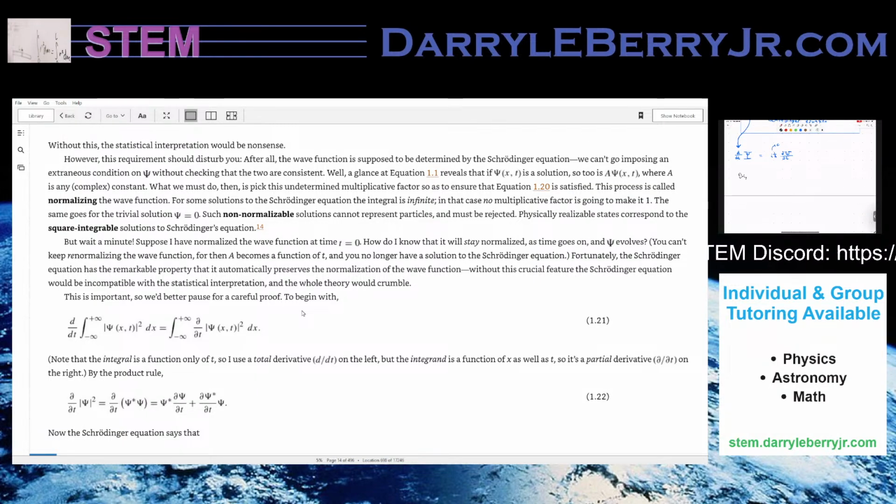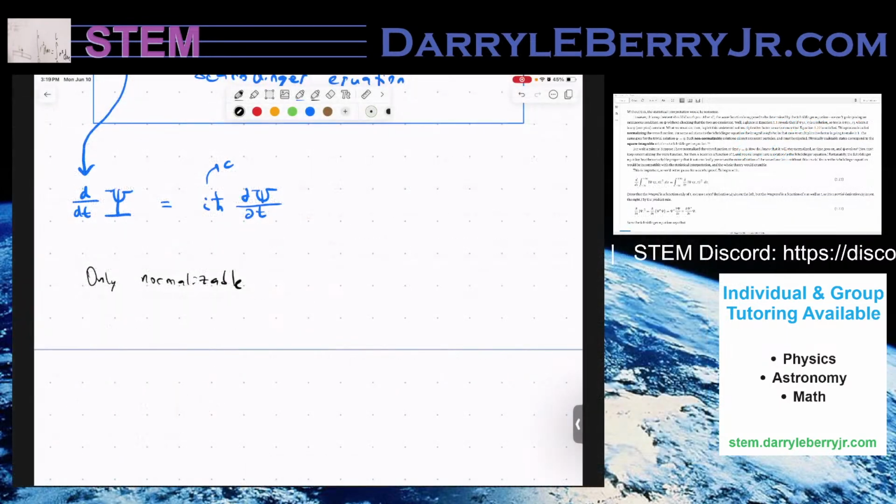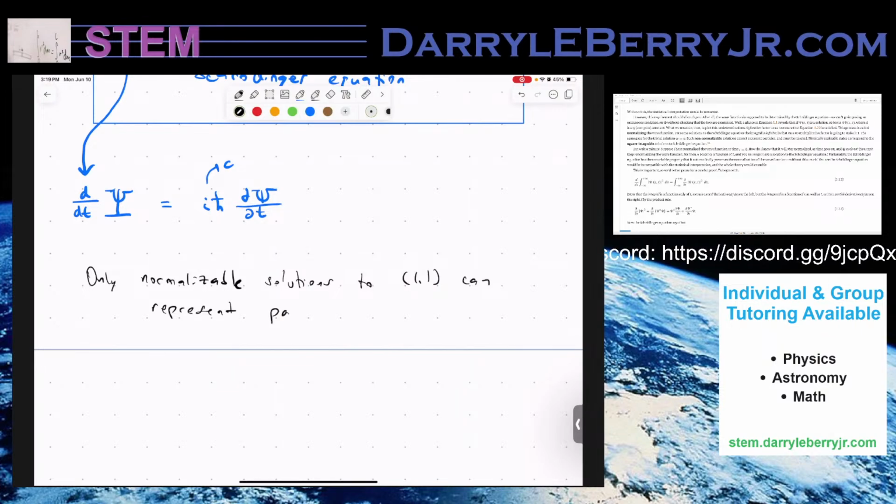Only normalizable solutions to equation 1.1 can represent particles.